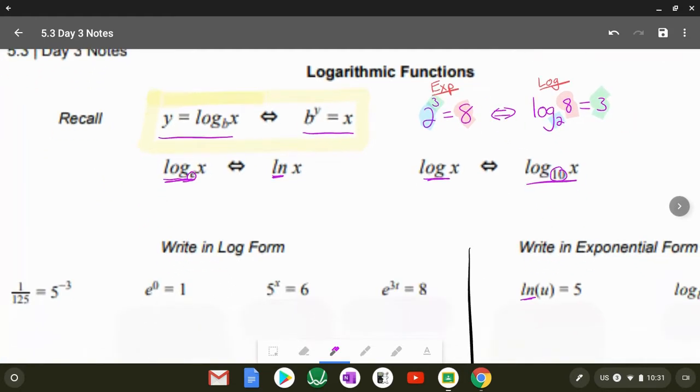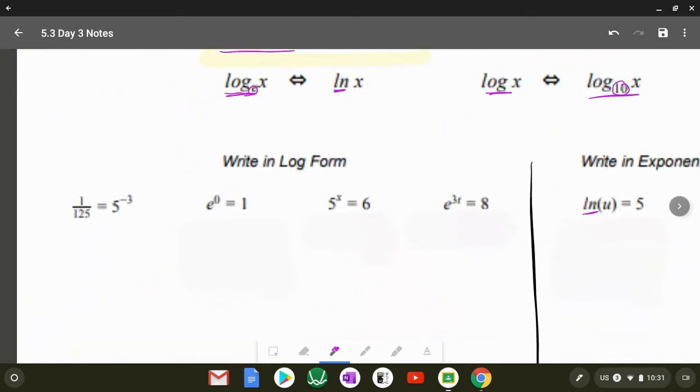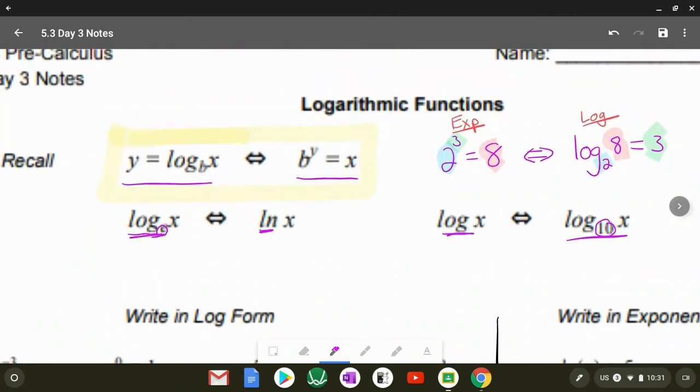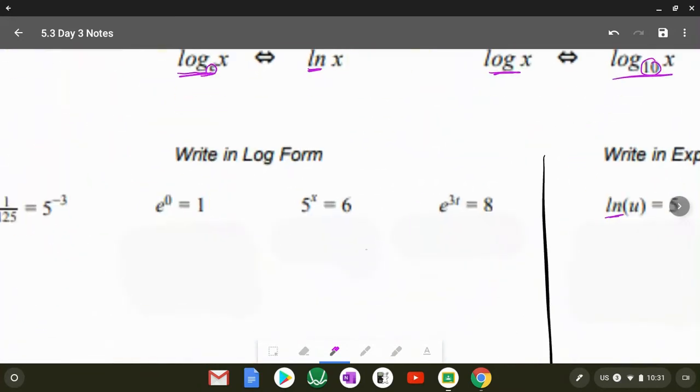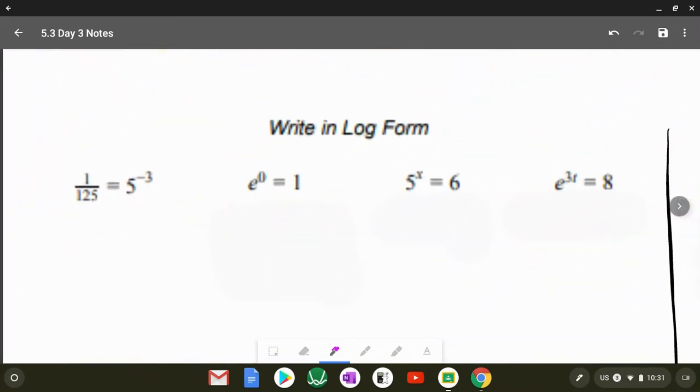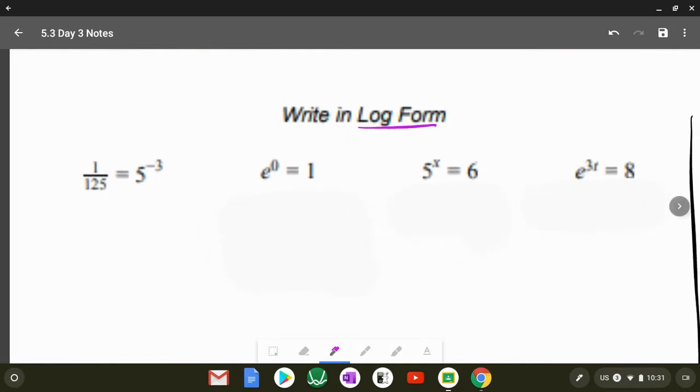Okay, so a couple reminders from logarithmic functions that we need to know. Again, the most important thing that we highlighted, and we did that example there, is what we're going to start with. So we want to write these in log form because we're starting in exponential form. For number 1 here, we're going to log form, so we have to have a log.